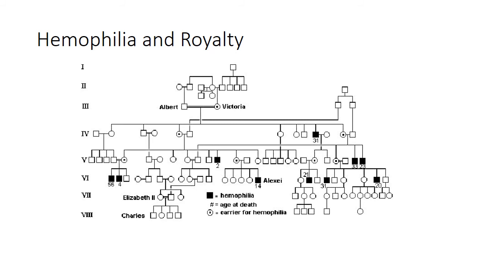And if we look here, like hemophilia, this is recessive. If we look at this, we can see by following it that you're more likely to get recessive traits through inbreeding. So, for example, let's follow Queen Victoria. We're following her line.